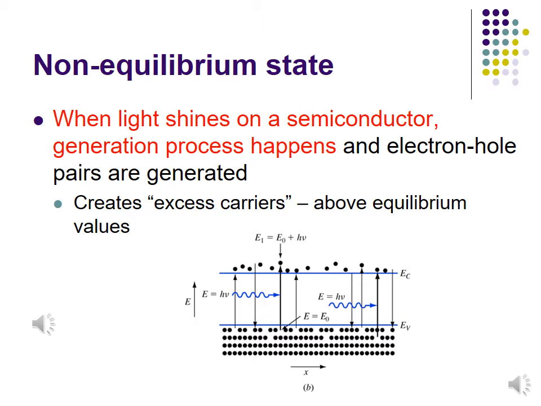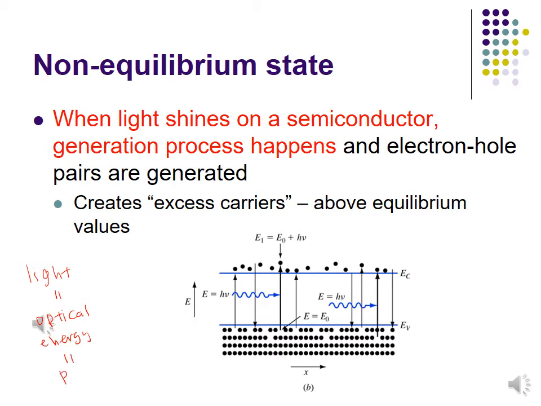We understand that the generation process can happen when there is enough energy for the electrons at the valence band to jump to the conduction band. The energy can be in the form of thermal energy or optical energy. Light produces photon energy or optical energy.